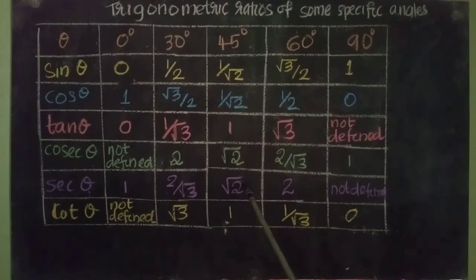Sec 45, root 2. Sec 60, 2. Sec 90, not defined. Cot 0, not defined. Cot 30, root 3. Cot 45, 1. Cot 60, 1 by root 3. Cot 90, 0.